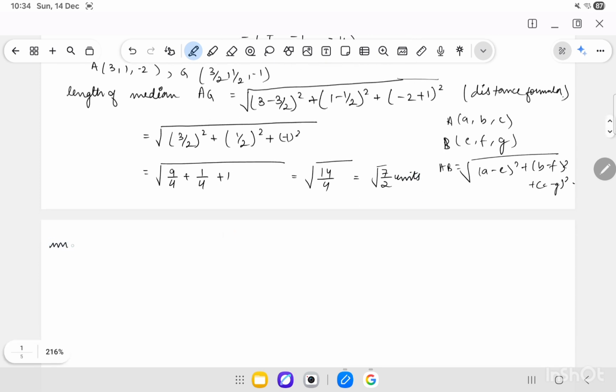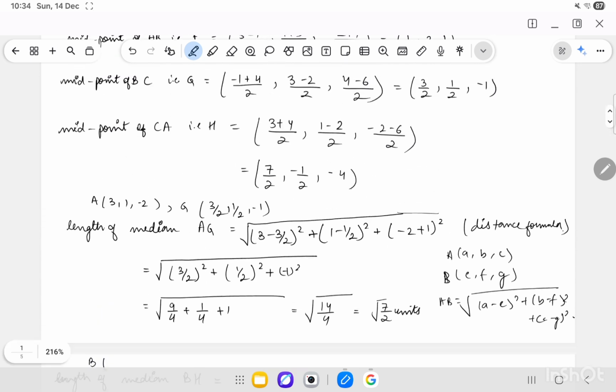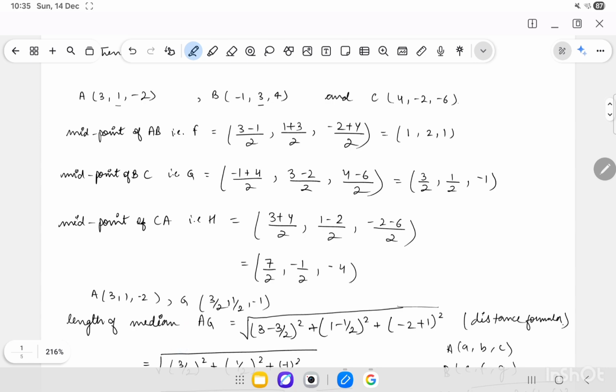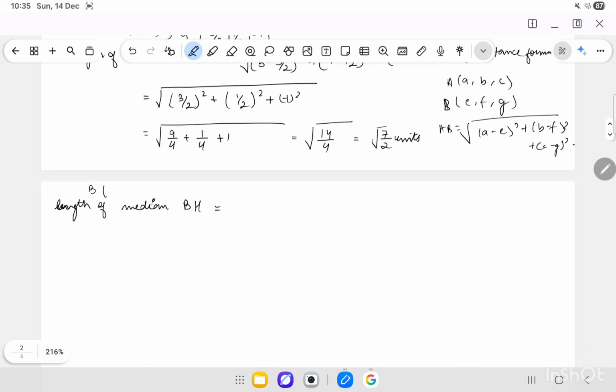Likewise, we can calculate the length of median BH. Length of median BH will be equal to, so my point B was (-1, 3, 4), and my point H was (7 by 2, -1 by 2, -4).